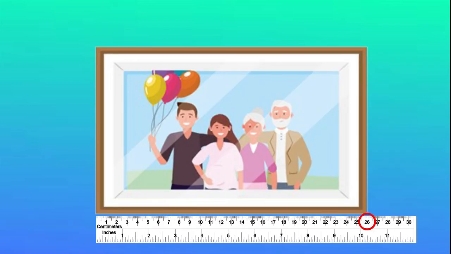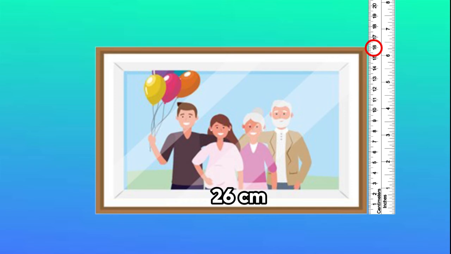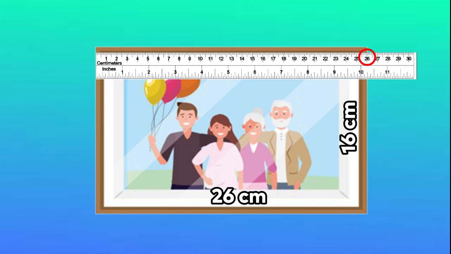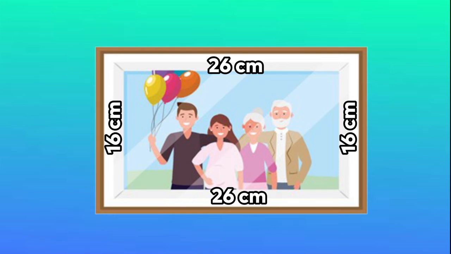The sides of the frame measured 26 centimeters, 16 centimeters, 26 centimeters, and 16 centimeters. What shall we do then? We will add together the length of each side to find the perimeter of the frame.